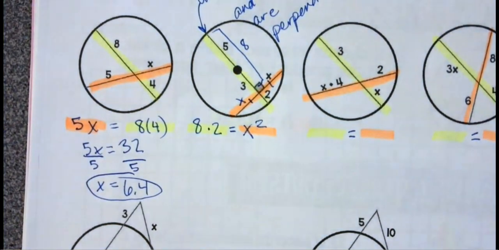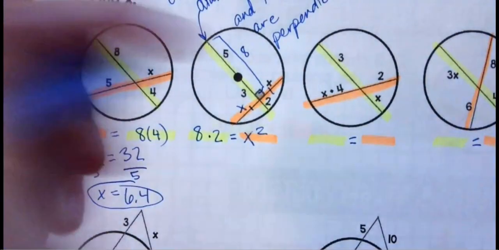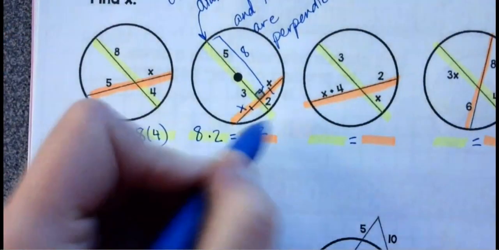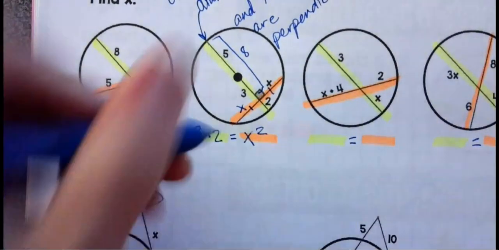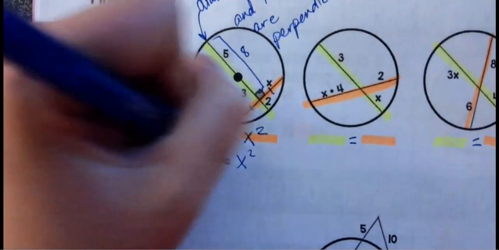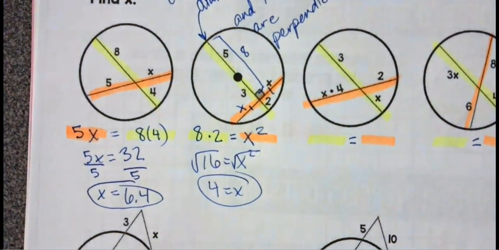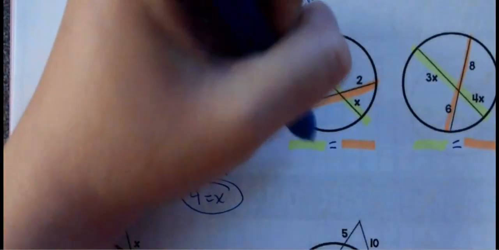And that ends up being x squared, or x times x. It might be easier for me to show it as just x parentheses x for you guys to see it. But ultimately it becomes 16 equals x squared, you take the square root, and 4 equals x for that one. Alright, sometimes you will have to distribute.